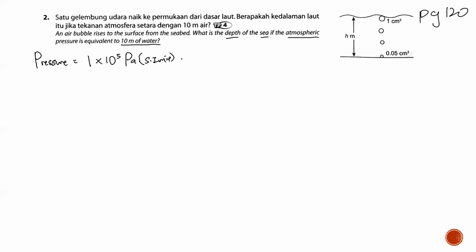This 1 times 10 to the power of 5 Pascal actually also means that if you dive in the sea 10 meters below, the pressure there would equal 1 times 10 to the power of 5 Pascal of water.